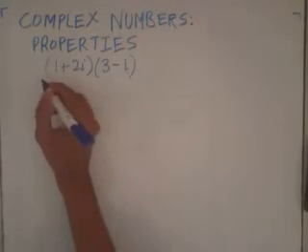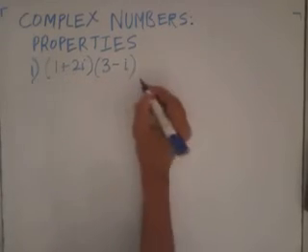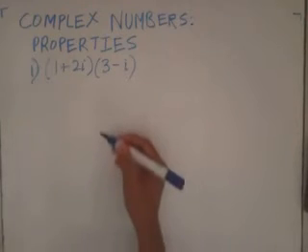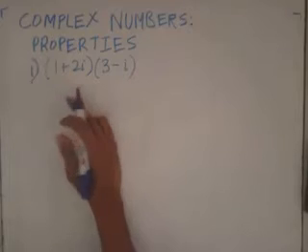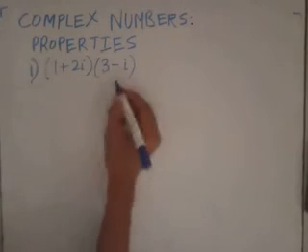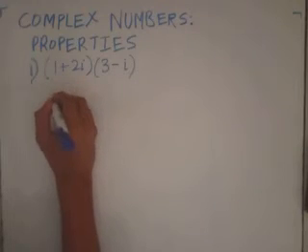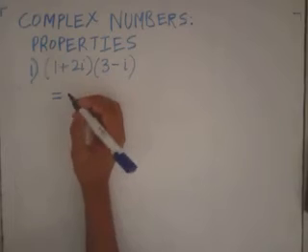Okay, the first problem is that we need to multiply these two complex numbers. Now you can either use the formula, or you can just, like how we derived the formula, multiply out these two terms. I'm just going to directly input the values into the formula, but you can do it any way.